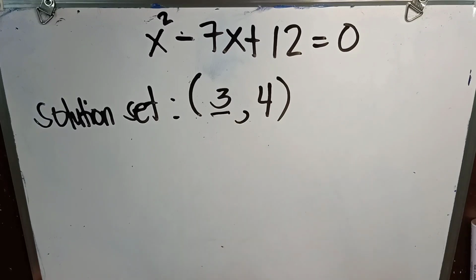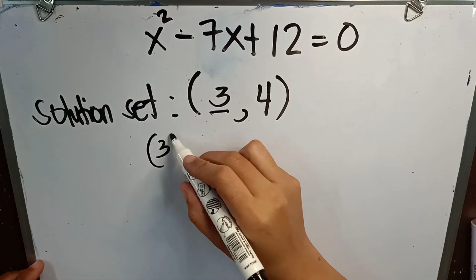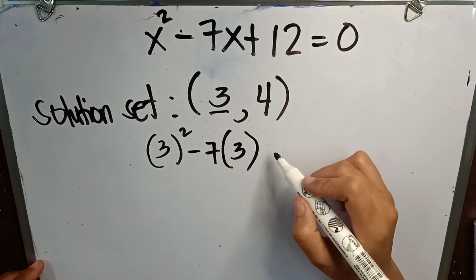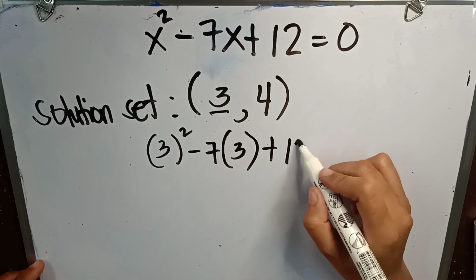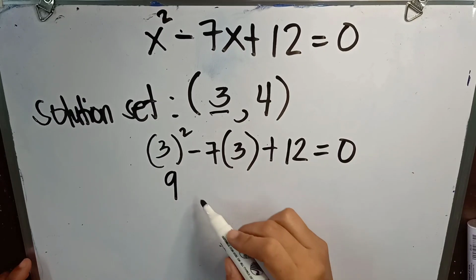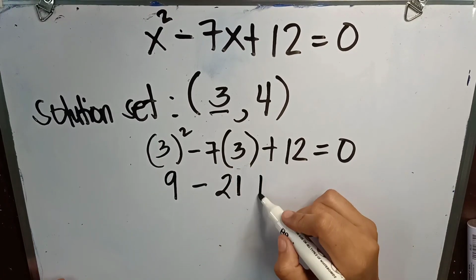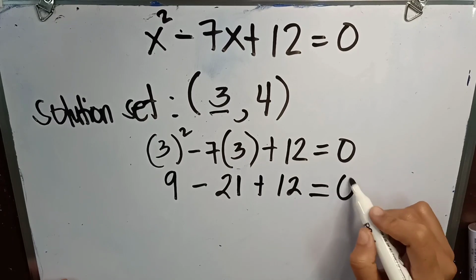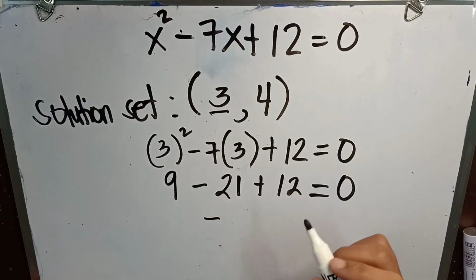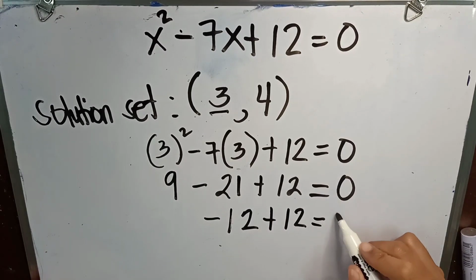Let's have 3. Substitute 3 for our x value. So, 3 squared minus 7 times 3 plus 12 equals 0. 3 times 3 is 9, minus 21, plus 12 equals 0. 9 minus 21 is negative 12, plus 12 equals 0.